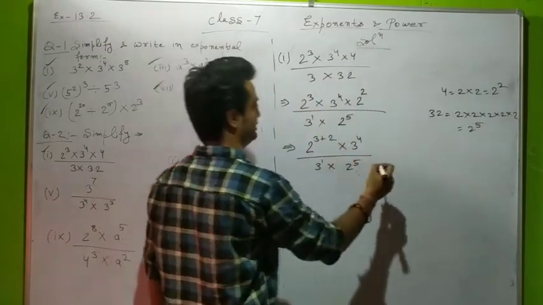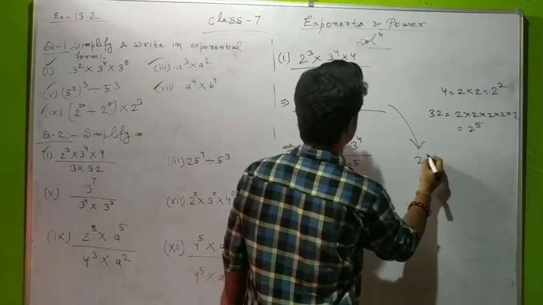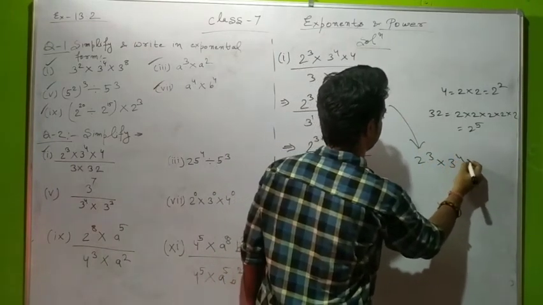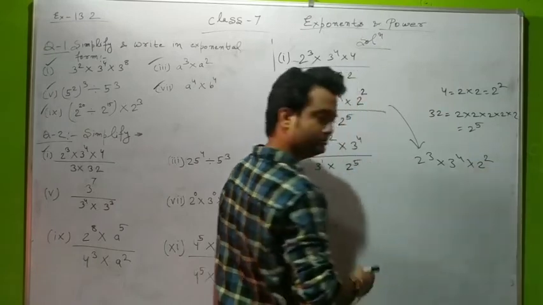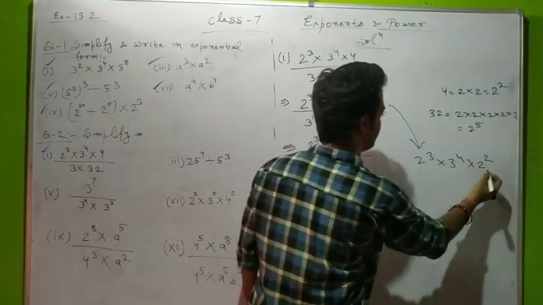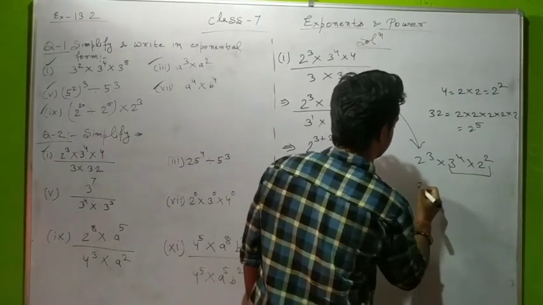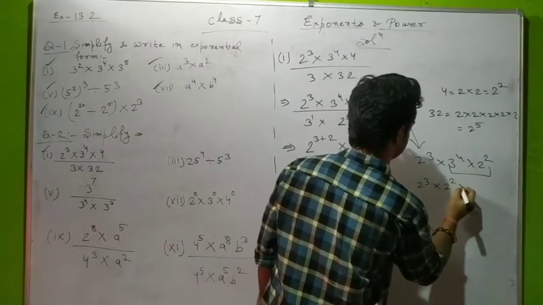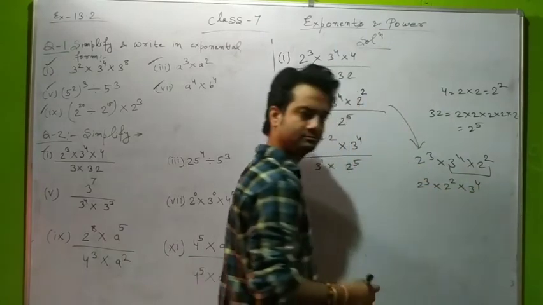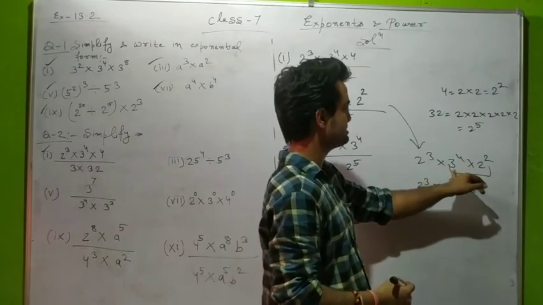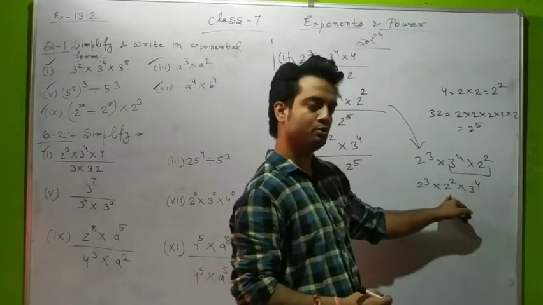How it actually became is that it was 2 cube into 3 power 4 into 2 square. Okay. Using the commutative property of multiplication, can I write it as, any problems? I exchange the places of 3 power 4 and 2 square.